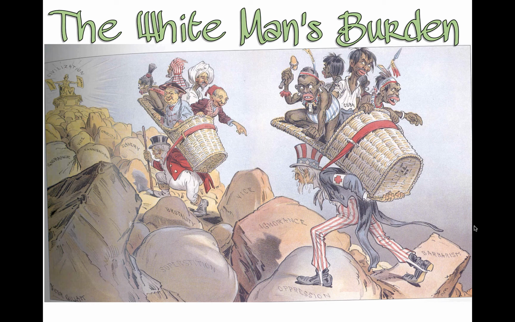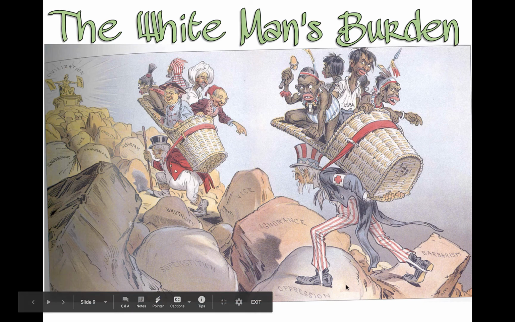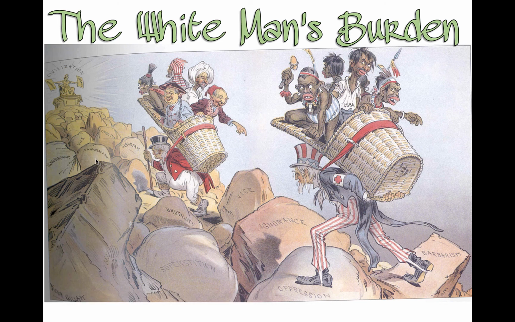And if you look at this political cartoon, so we've got Uncle Sam over here. We've got a British guy over here, right? And we have up here civilization. If you look up there, you see things down here: vice, ignorance, barbarism, oppression, superstition, slavery, cruelty, cannibalism.